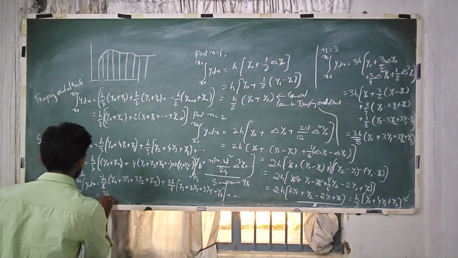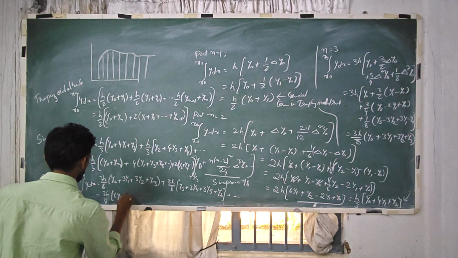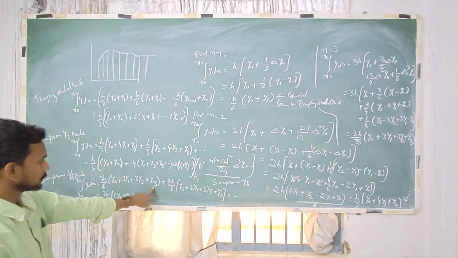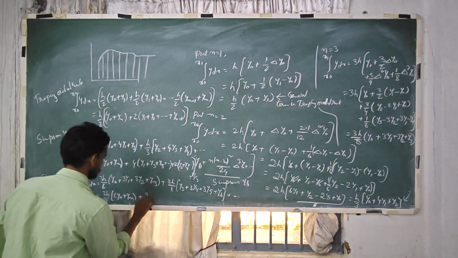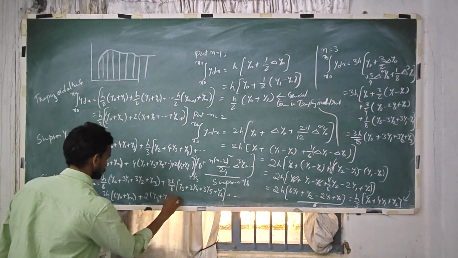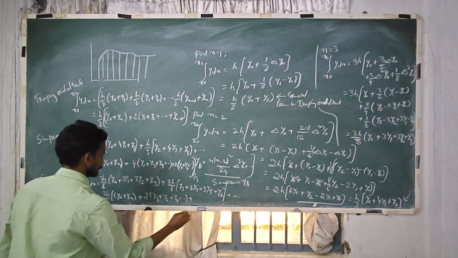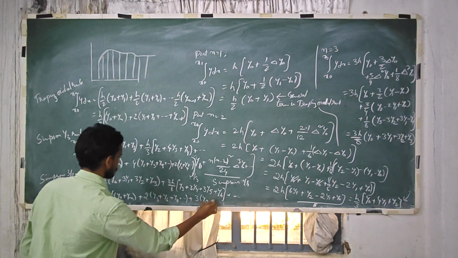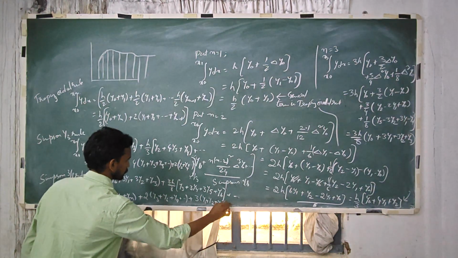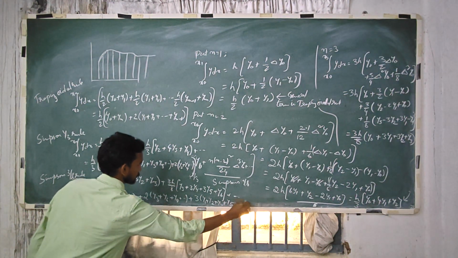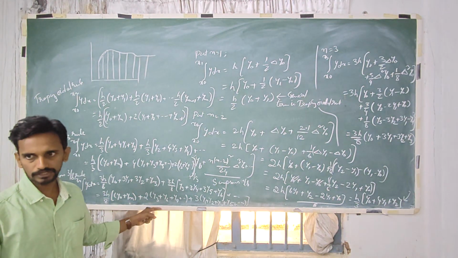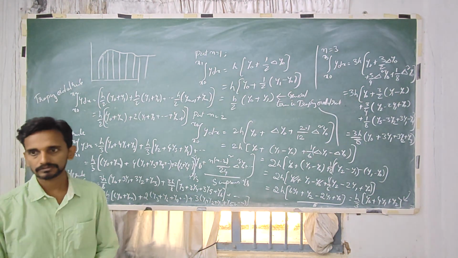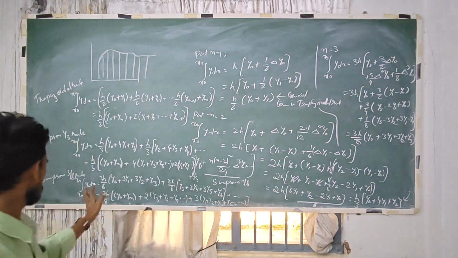So all you have is 3h by 8 times y0 plus yn, plus all multiples of 3 occurring twice, so 2 times y3 plus y6 plus y9, and all other terms occurring thrice, 3 times y1 plus y2 plus y4 plus y5 plus etc. So all multiples of 3 will occur twice and all other terms will occur thrice. So that is the total formula for Simpson 3/8 rule.